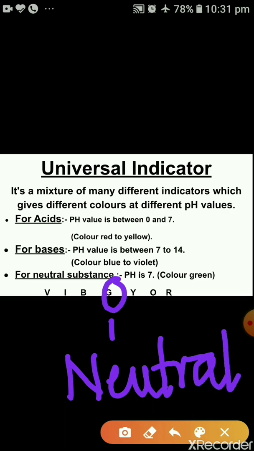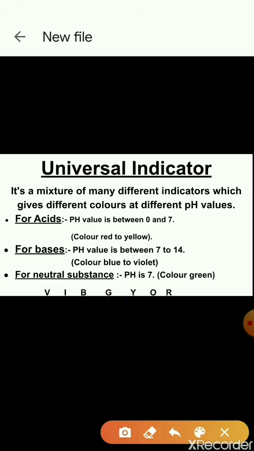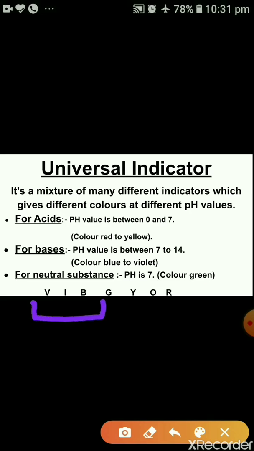Neutral means it can be salt, not only common salt NaCl, it can be any kind of salt, it can be a sugar solution also. Now if we have colors from violet to blue, these shades, blue, indigo, violet, then it will be a base.